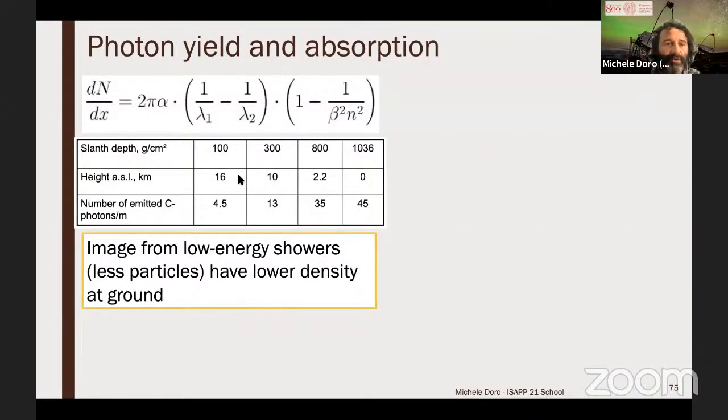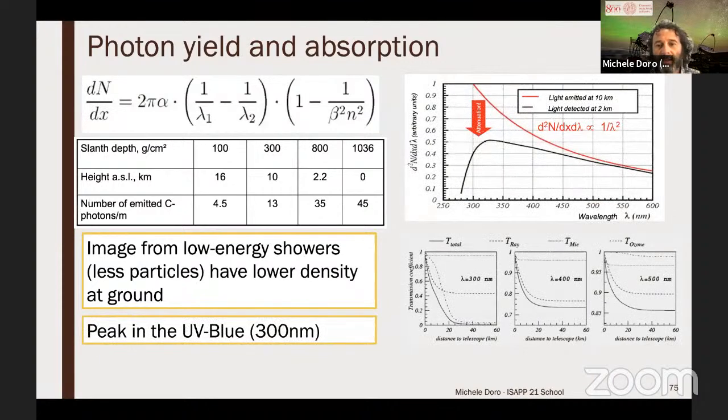Again, one should compute the amount of photons that you have to be able to reconstruct the energy, and you have to compute the fact that the light itself, sorry, this is too much information. Now you have light from Cherenkov. What is the distribution as a function of the wavelength? So look here, lambda.